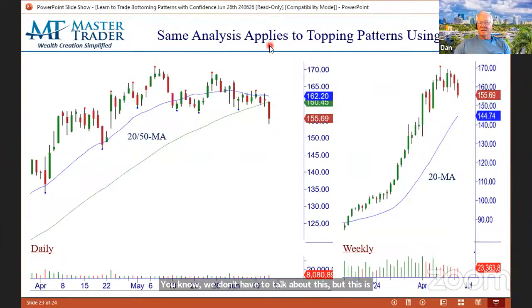The same analysis applies to topping patterns using master trader strategies: breakout failure, lower high, engulfing bar, bearish consolidation in the lower half, 20 EMA has rolled over, closing breakdown, price void daily, price void weekly. Apply everything we've talked about to topping patterns.